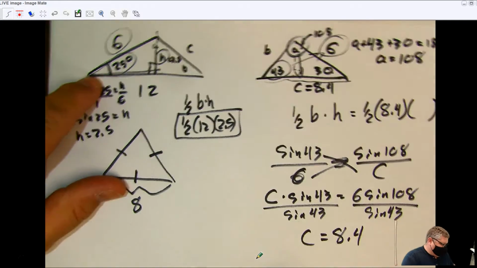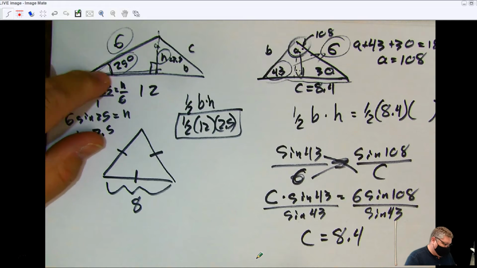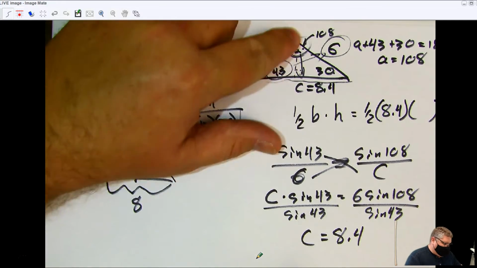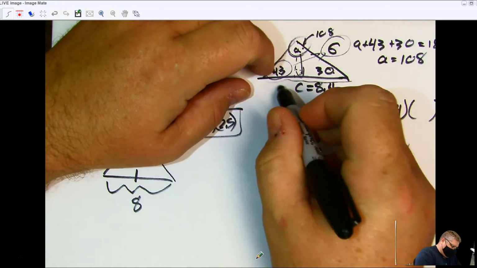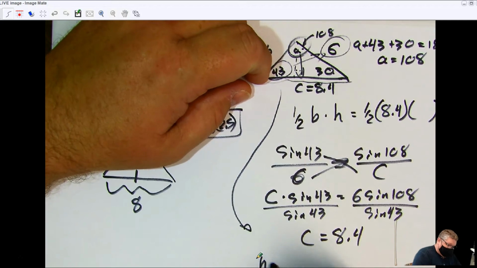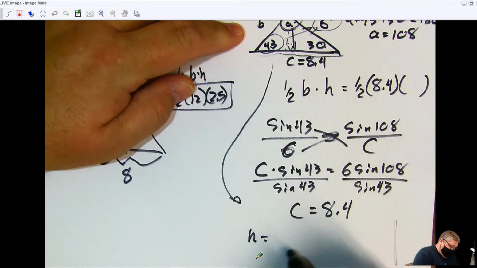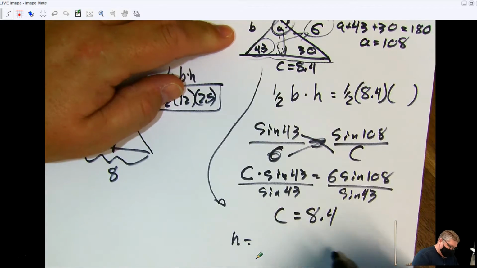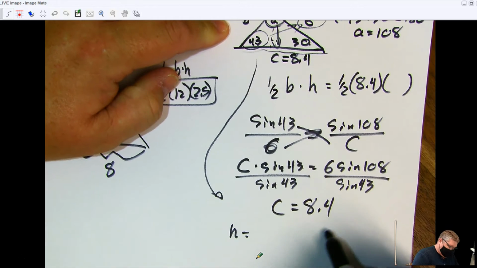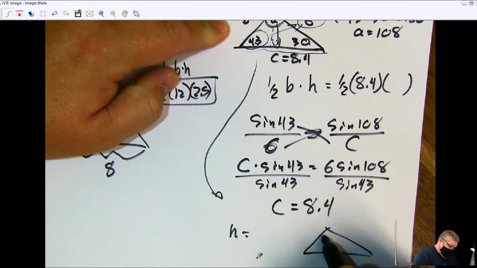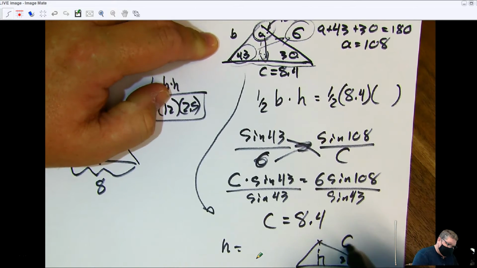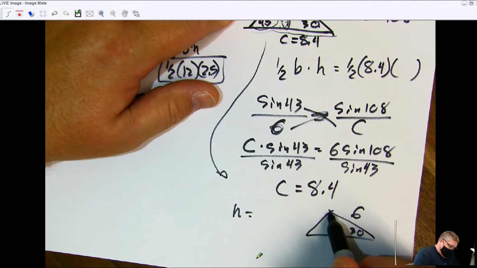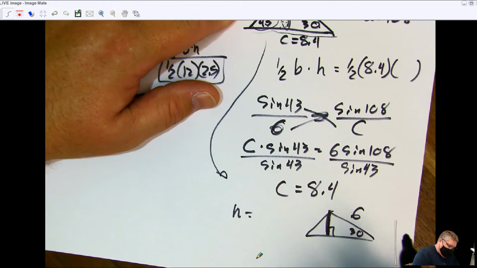Well, we just did something like this over here, didn't we? So can I find the height of this triangle? Let's go down here and find the height. To find the height of the triangle, I need this guy right here. I know this is 30 and I know this is 6. So can I find that side right there?